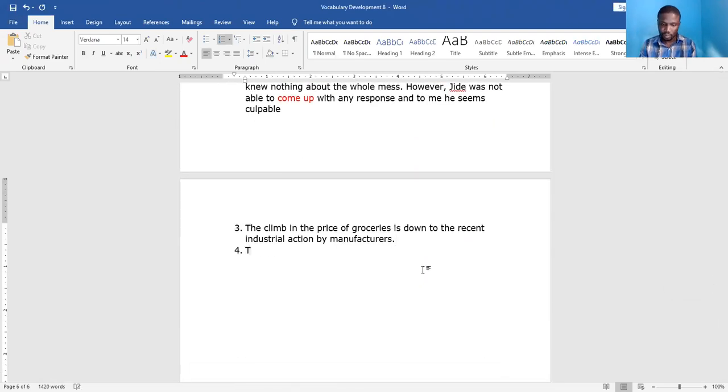Okay, so then what is another one? The recent economic crisis in the country has negatively impacted many citizens, the masses, the poor especially, or most notably the poor.